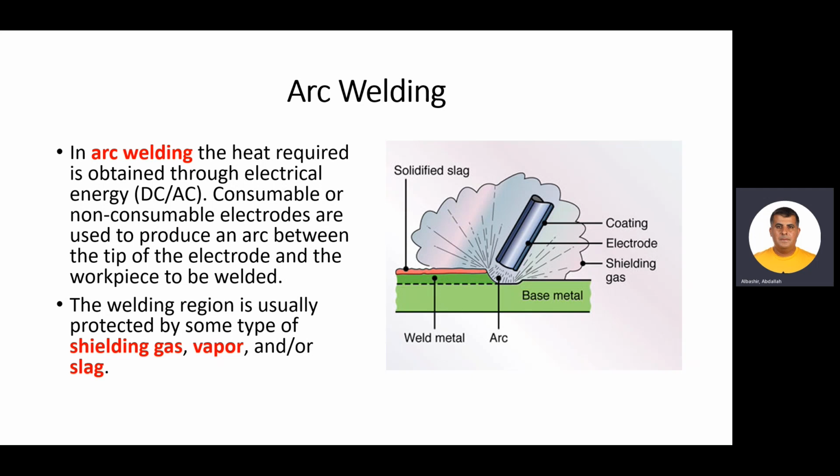The electrical energy will melt that filler, and the molten will make the join of the two metals. Now, we need a shielding here. A shielding could be a gas or can be a flux.